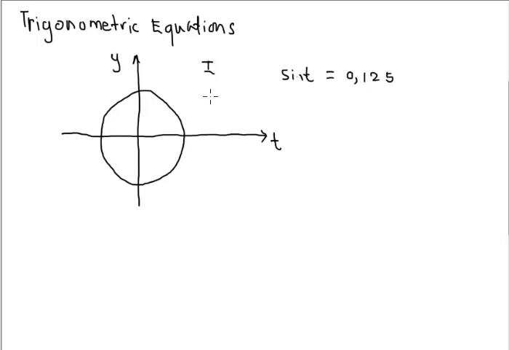What are we looking at? We are looking at the coordinate y. It's only important to look at the coordinate y. In the first and the second quadrant, that function is going to be equal to a positive ratio, isn't it?